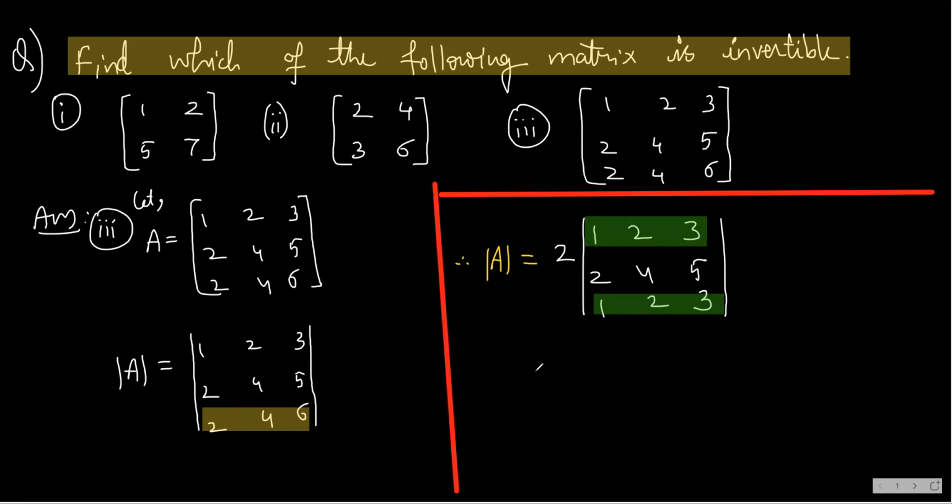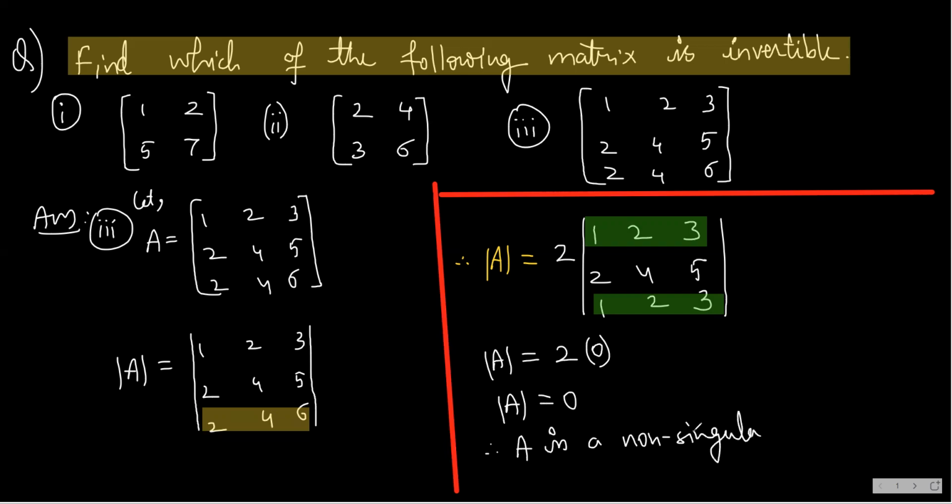So here we will write determinant of A is 2 into 0. So determinant of A is 0, and therefore A is a non-singular matrix. It means A inverse exists.